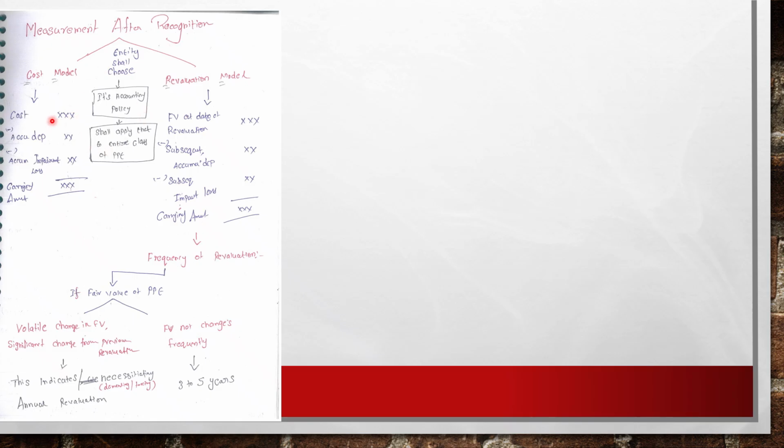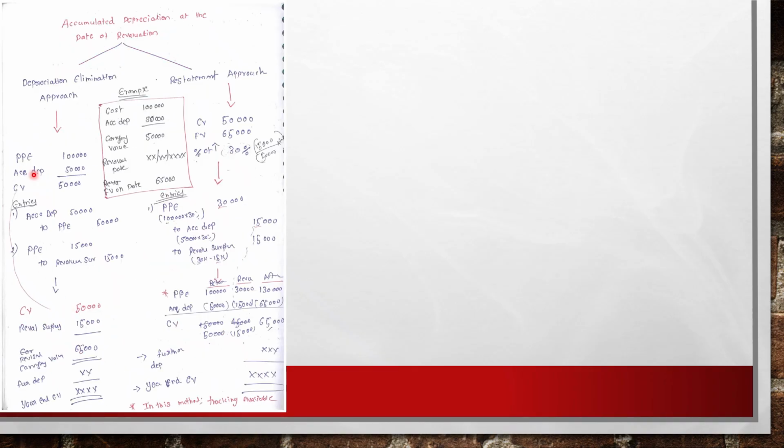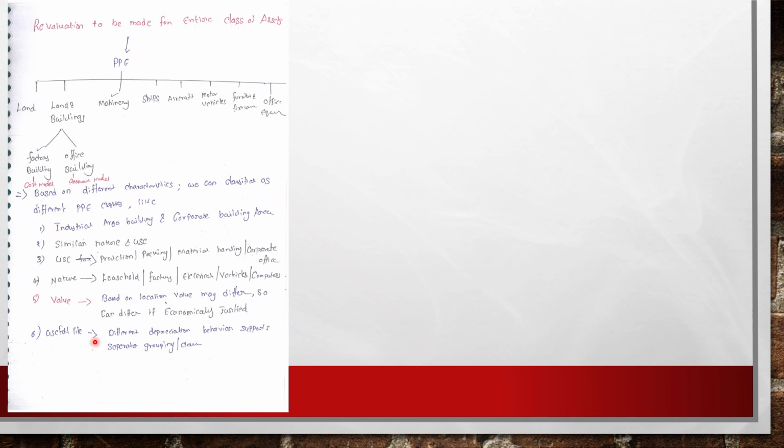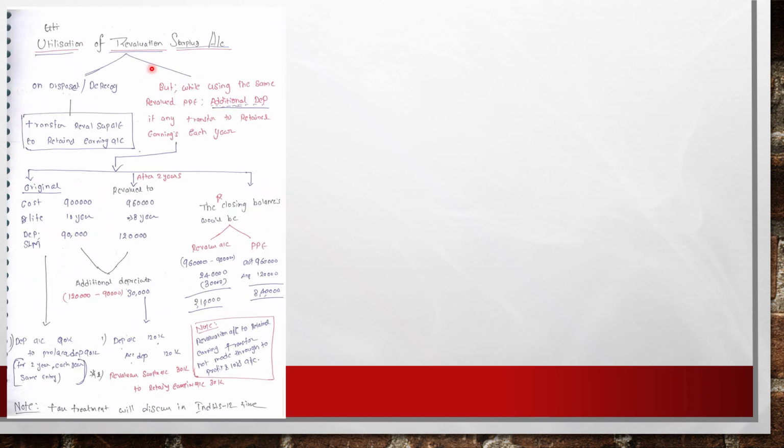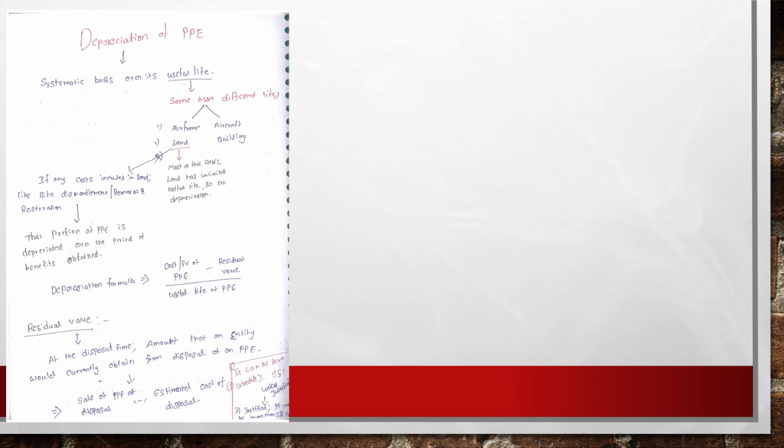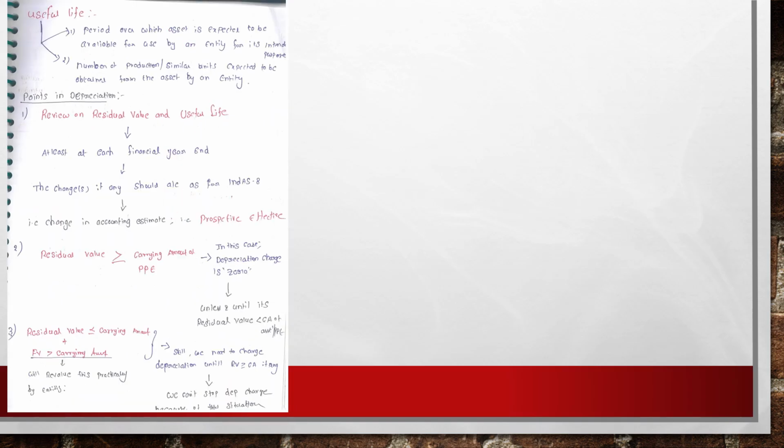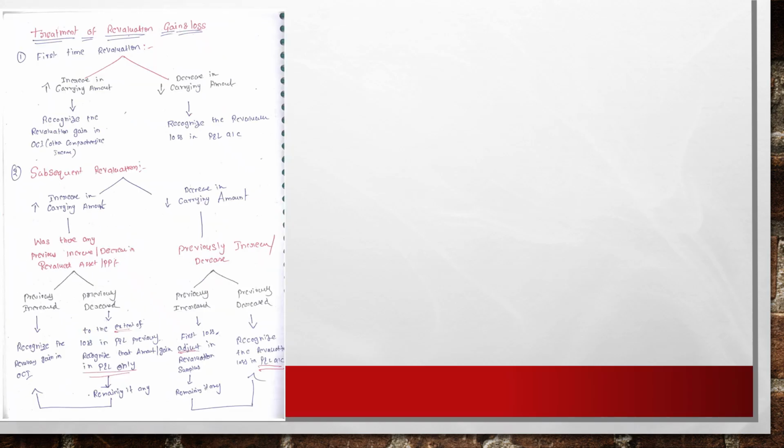There are two models: cost model and revaluation model, and how we would account, what the frequency of the revaluation is, what the accumulated depreciation treatment is, what the revaluation timings and values are, then how we should utilize the revaluation surplus and account for it, then what practical examples are involved, and what the depreciation of those items is and how it comes. All this we will discuss in the next classes. And what is the treatment of the gain or loss at revaluation time.